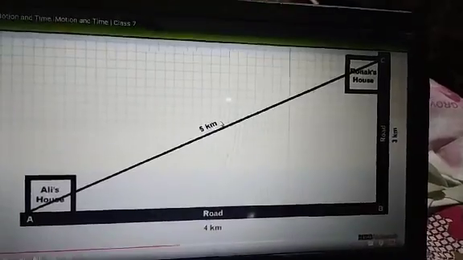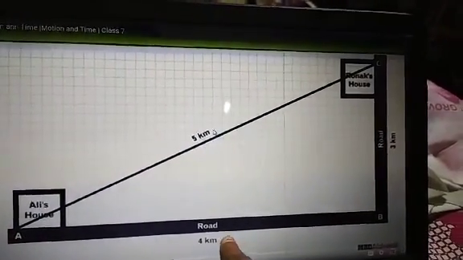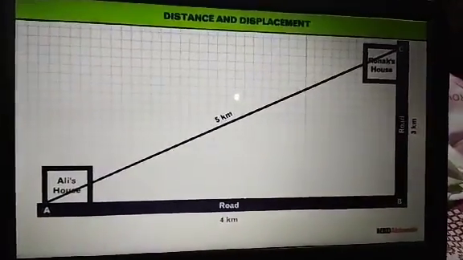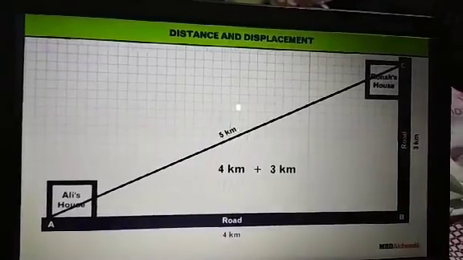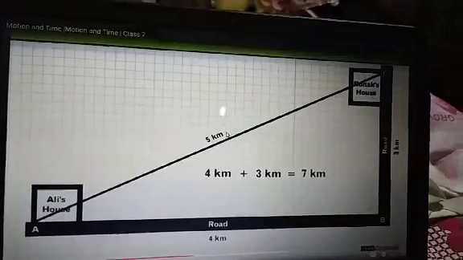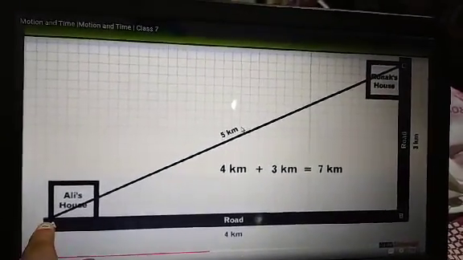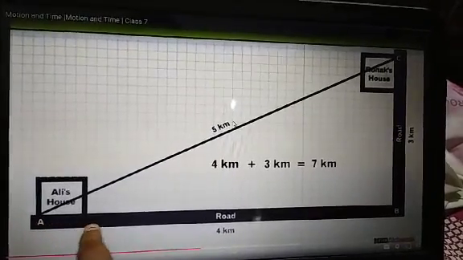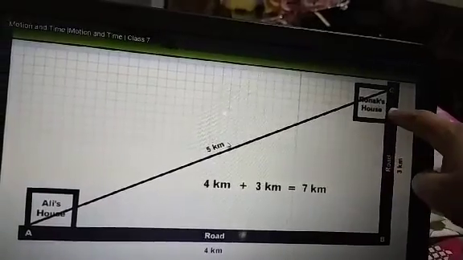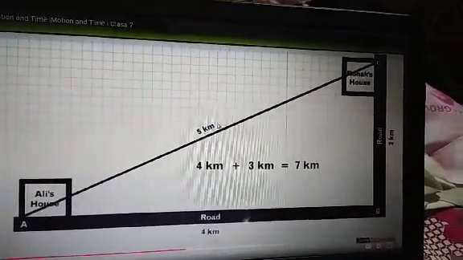So how much distance has he covered? He has covered 4 kilometers plus 3 kilometers, that is equal to 7 kilometers. Yes or no? This is known as the distance. Which I just told you, that is known as the distance. Firstly he has to cover the distance A to B, and then the distance B to C, and finally he reaches Ronak's house. That is known as the distance.